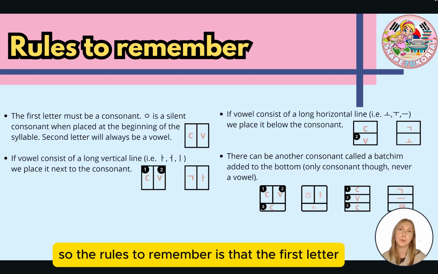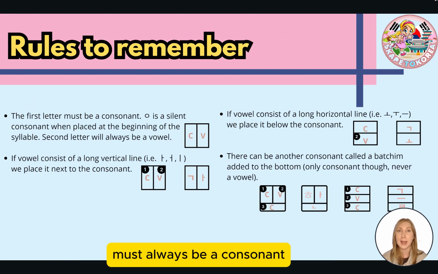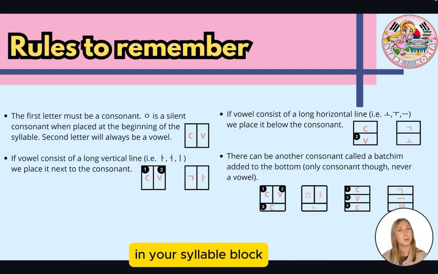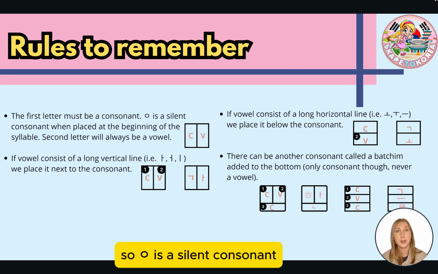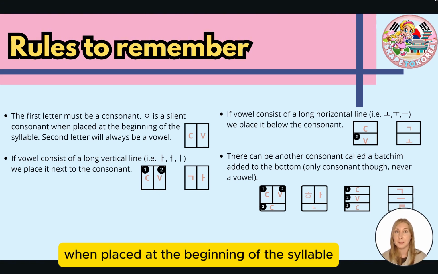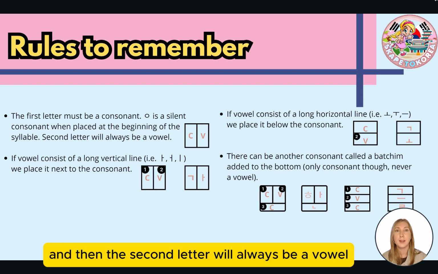The rules to remember is that the first letter must always be a consonant in your syllable block. Nieng is a silent consonant when placed at the beginning of the syllable. And then the second letter will always be a vowel.